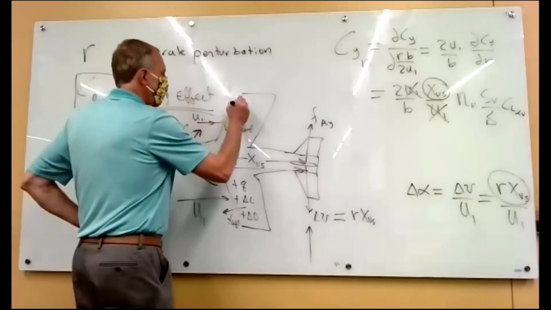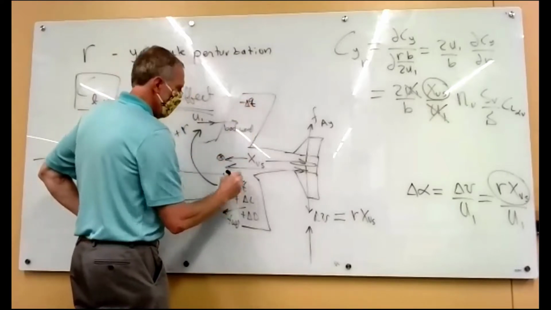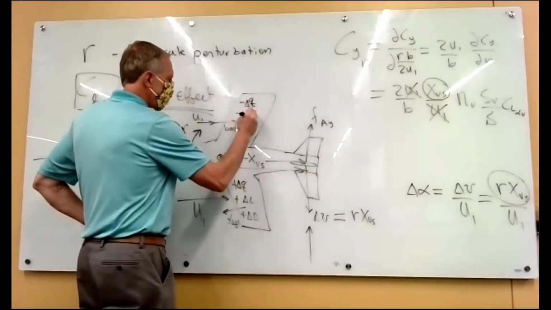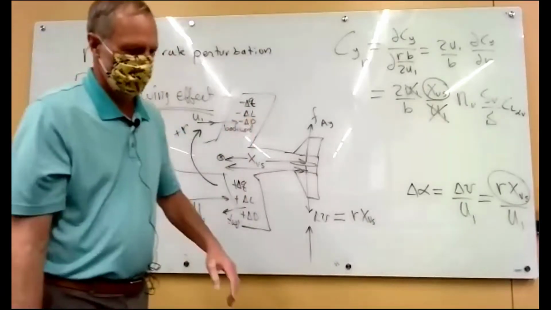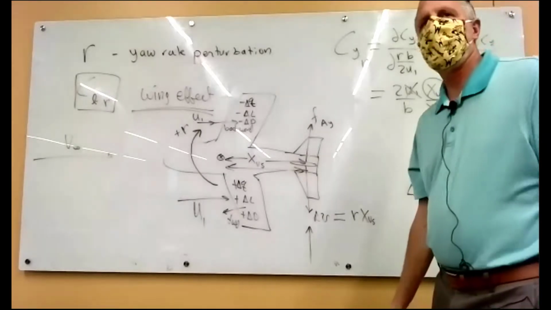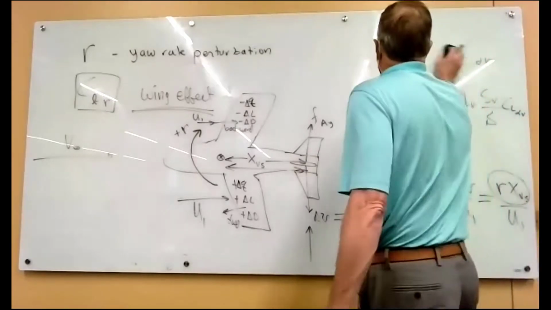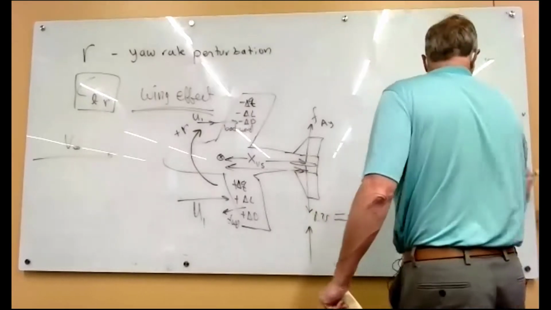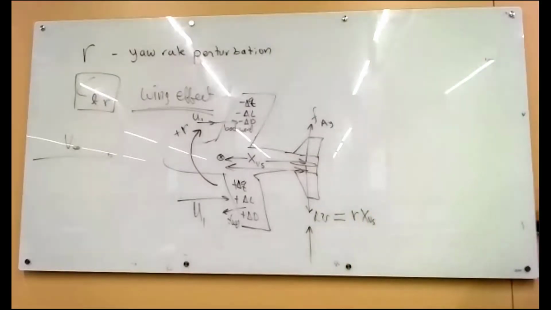And over here, you get less dynamic pressure. Put a delta on that. And so you get less lift and less drag on that wing. So what does that do to roll and yaw the airplane? So let's pull up the foam airplane again.